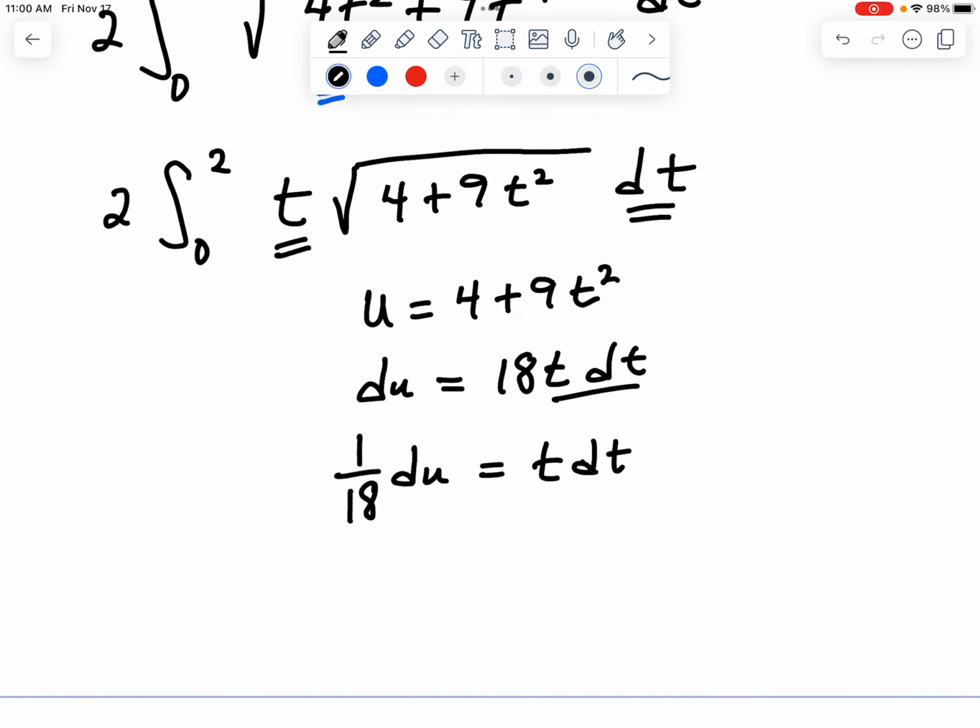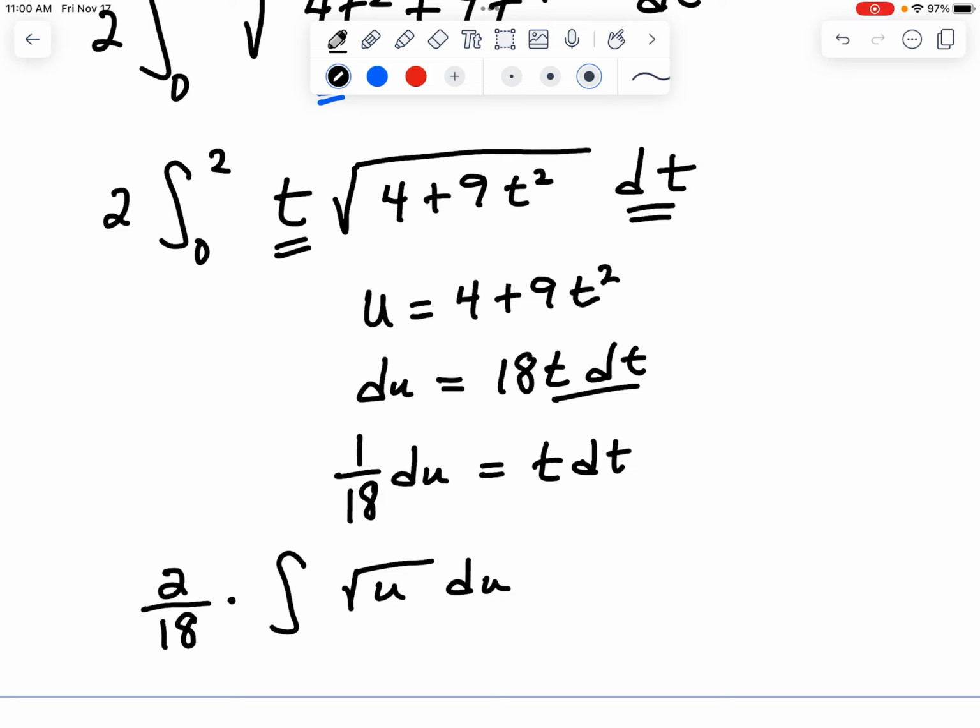So the 1/18 I'm going to factor out. There was already a 2 that was factored out, so now there's a 2/18 on the outside. And then integrate. And after that, it's just the square root of u and then the du. And I already factored out the 1/18, so I'm ready to go.